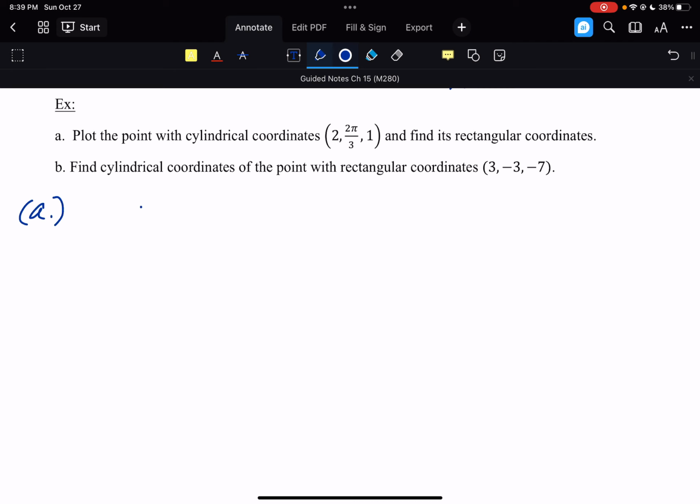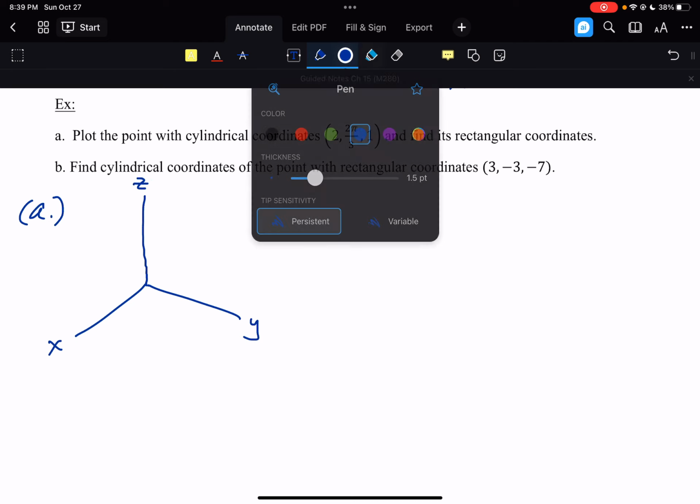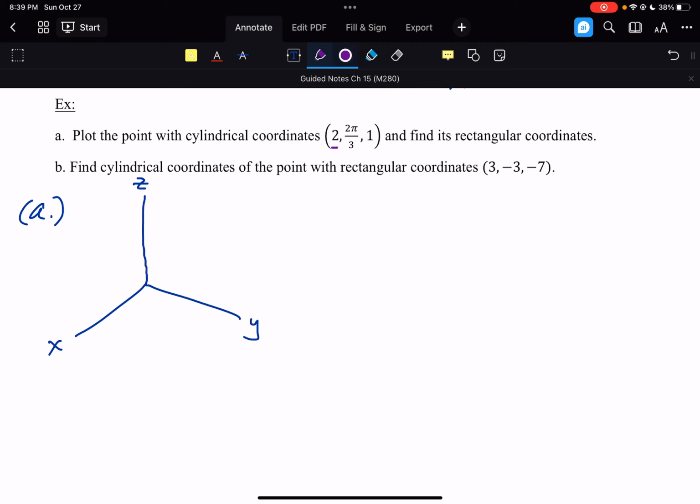So for the 3D graphing portion, we've got x, y, z. So 2, that's like our r value. That tells us how far out to go. So say that that's 2 units right there.